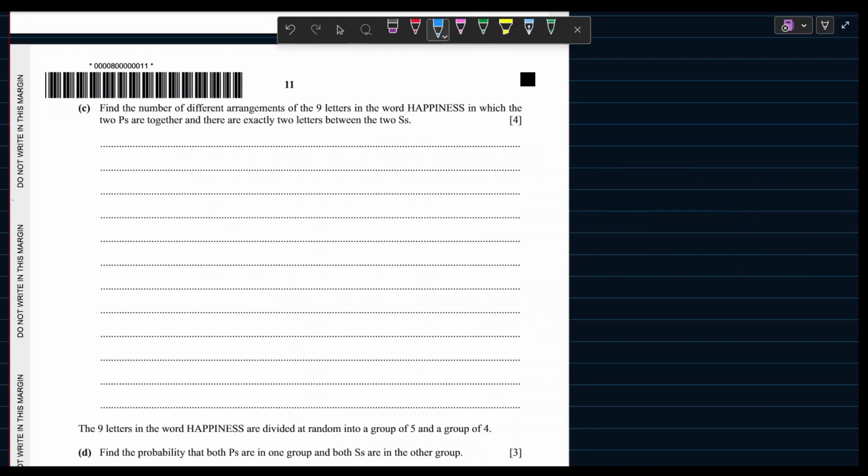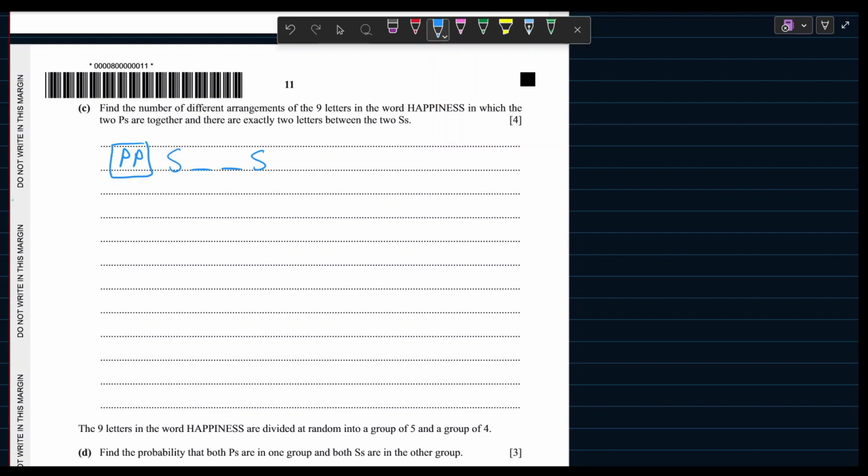Part C. Find the number of different arrangements of the 9 letters in the word happiness in which the 2 P's are together and there are exactly 2 letters between the 2 S's. Okay, so we're putting our P's together. And then we must have 2 letters between the S's.